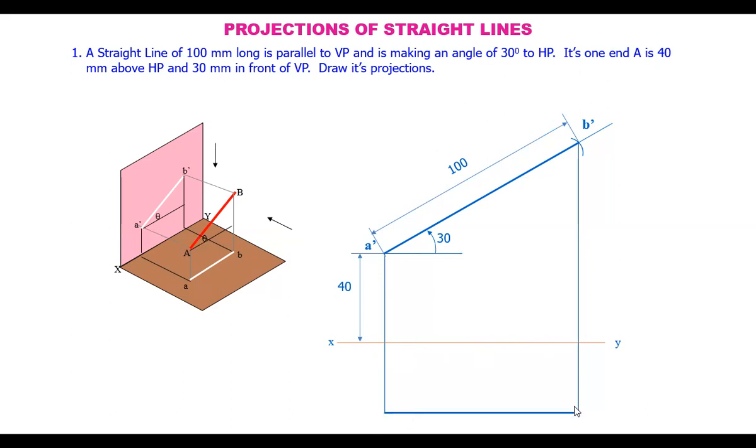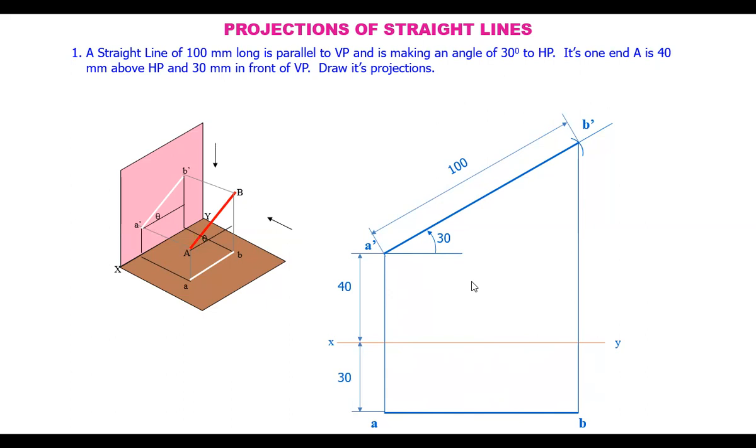So we draw a line here at 30 mm distance. This is the top view of the line AB. The front view is the true length of the line. The top view is less than its true length because it is making an angle with the HP.